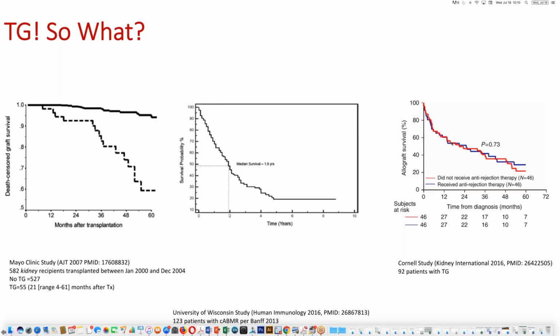Again, there are two lines here, one with treatment and another without treatment. Ignore that for a moment, I'll come back to it later. But as these two lines are close, we can assume this to be a single line. Again, you can appreciate that the moment diagnosis of TG is made, the graft outcome is poor. So we know that TG is bad.